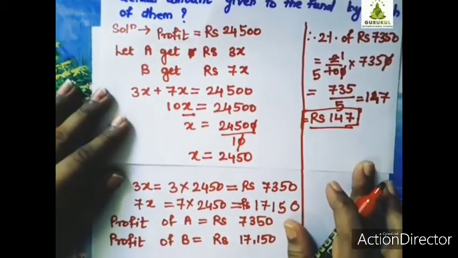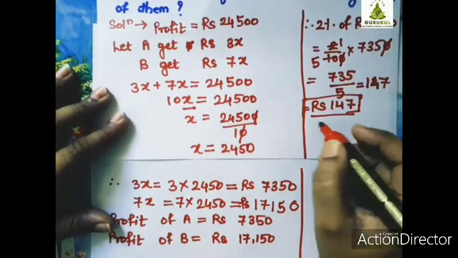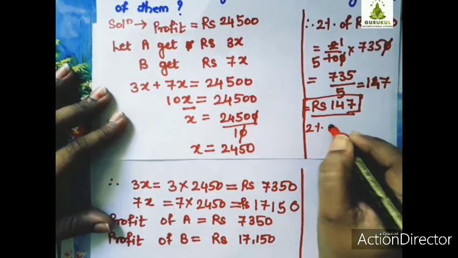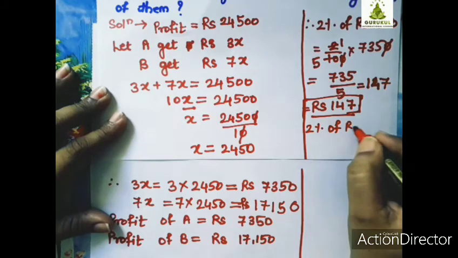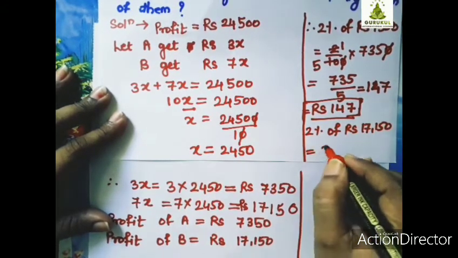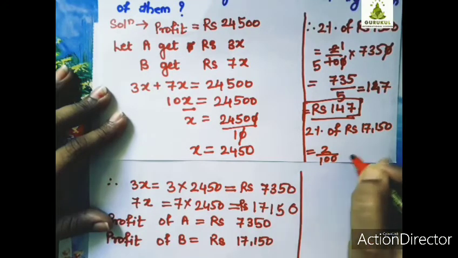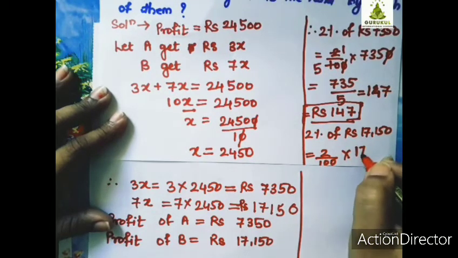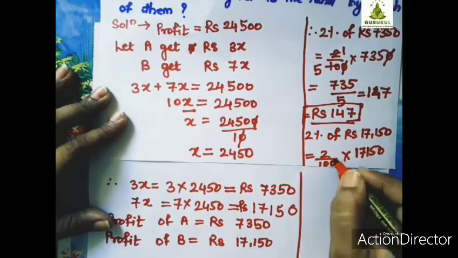And the second answer will be what? 2% of rupees 17,150 is equal to 2 upon 100 into 17150.